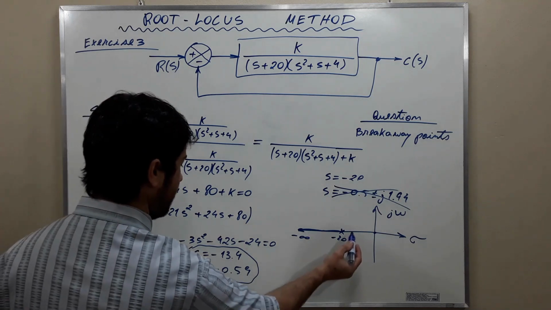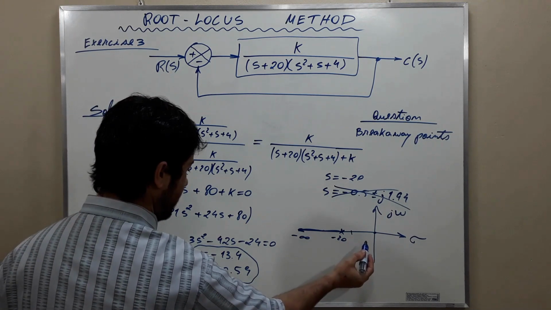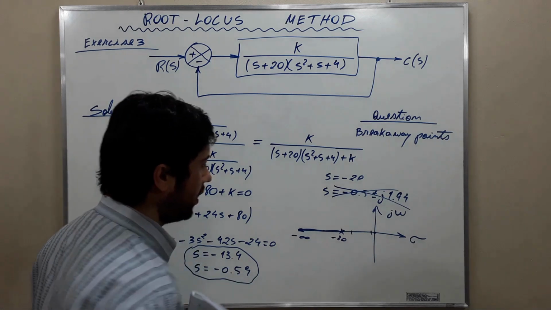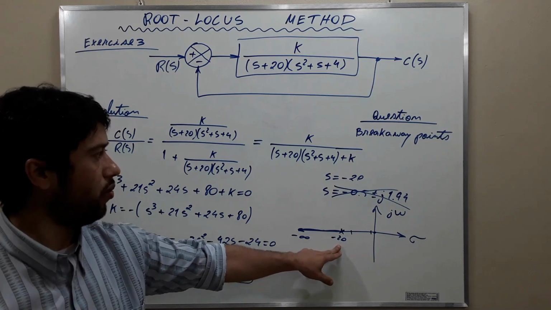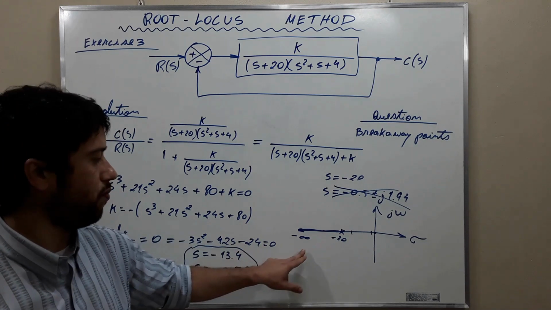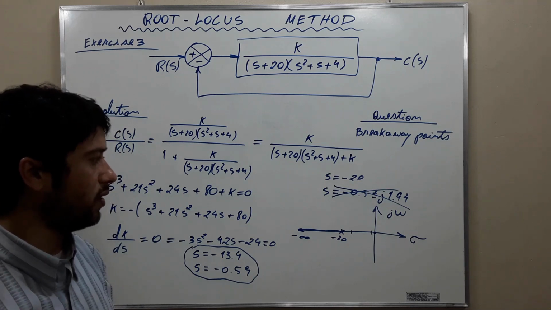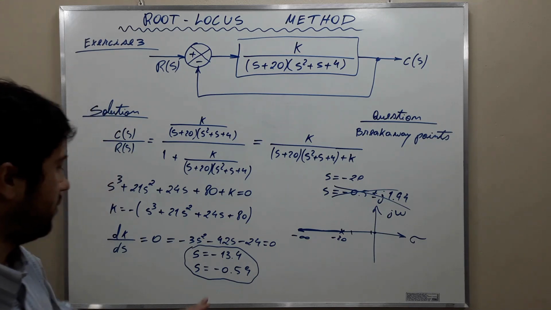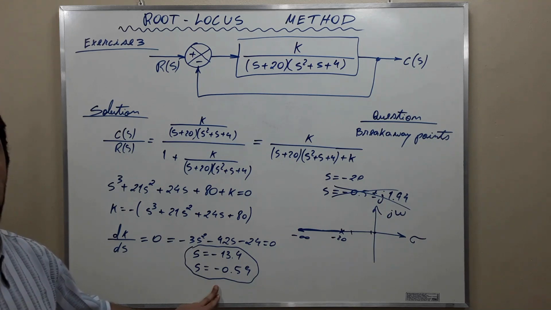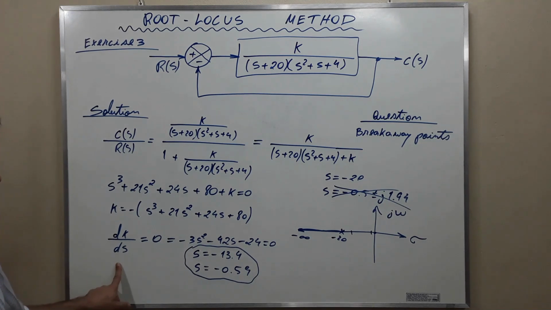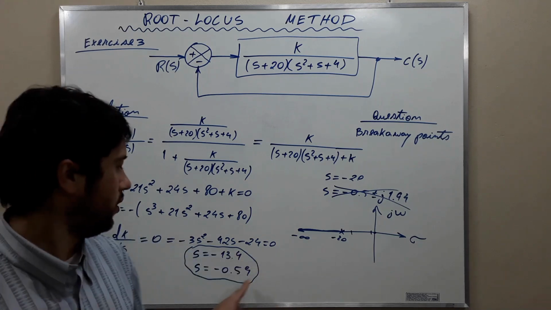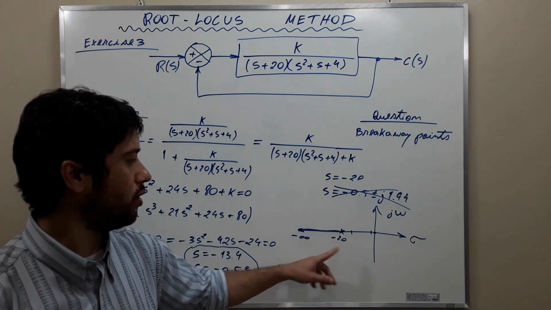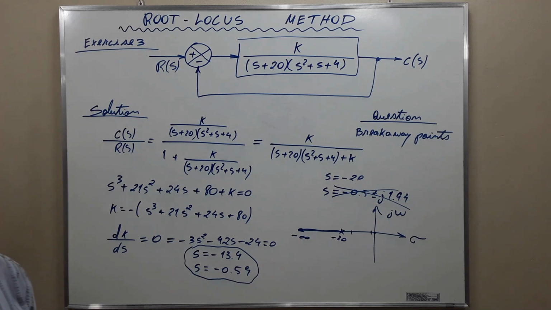Since minus 13.4 is here and minus 0.59 is here, they do not belong to the root locus. The root locus is only from minus 20 to minus infinity. Then we understand that these are not breakaway points. So the solution of this equation that theoretically would give us the breakaway points doesn't belong to the root locus, therefore they are not breakaway points.